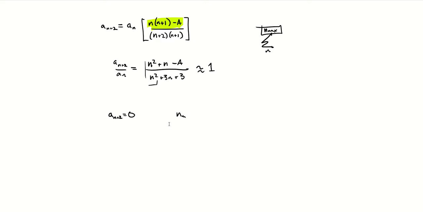So we have n max times (n max plus 1) minus a is equal to 0, or n max times (n max plus 1) is equal to a, where this should look familiar to us, right?